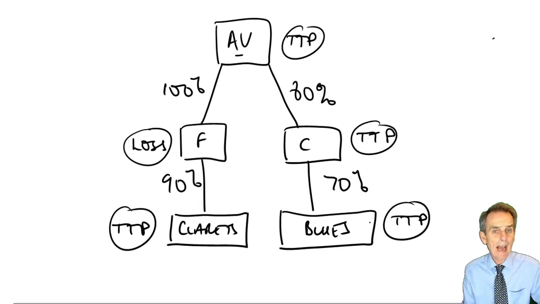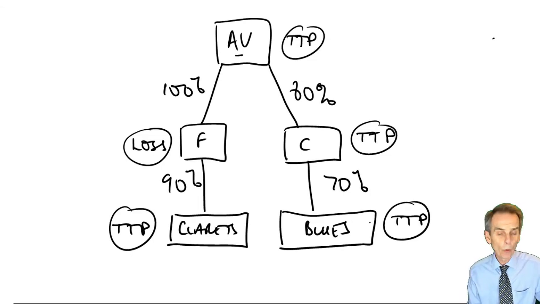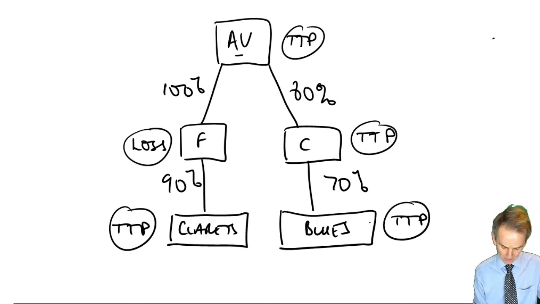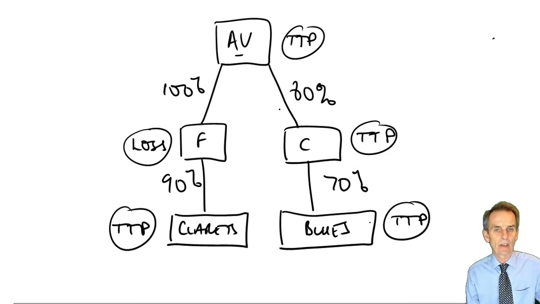Okay, so within the AV group of companies, therefore, who is able to group relieve with whom? Well, we've seen this before, but let's make sure we've got it right on this occasion. Now, AV owns 100% of F and 80% of C. Clearly, those direct subsidiaries have an effective 75% control by AV, and therefore, if any one of AV or F or C were to make a loss, it could group relieve that loss against the taxable total profits of any of those other group members.